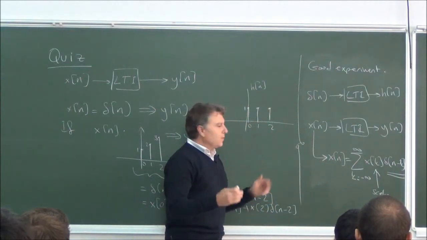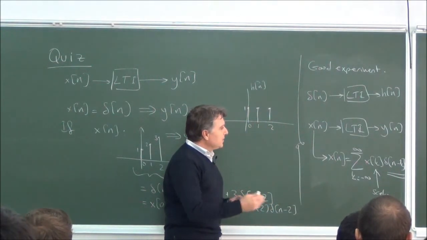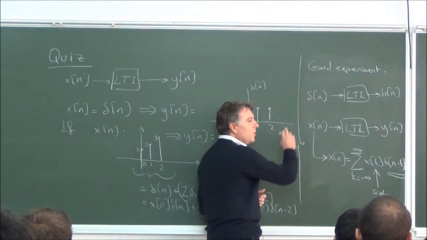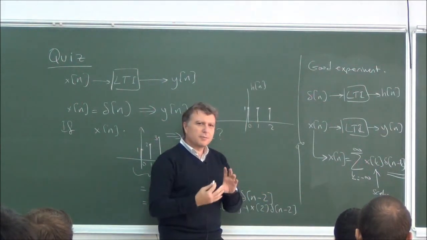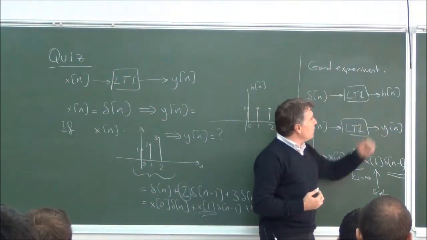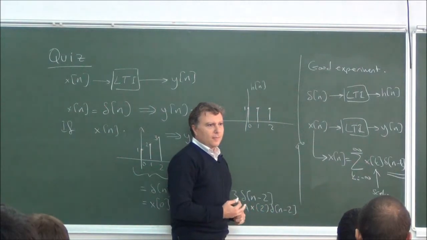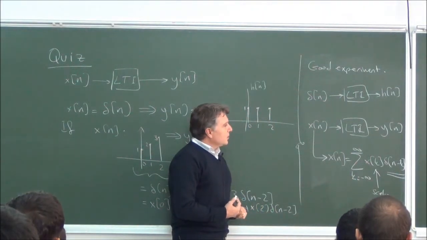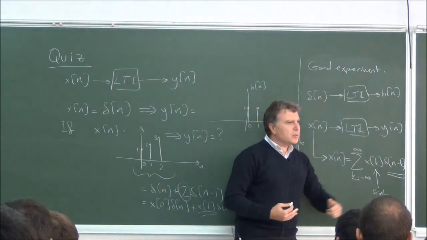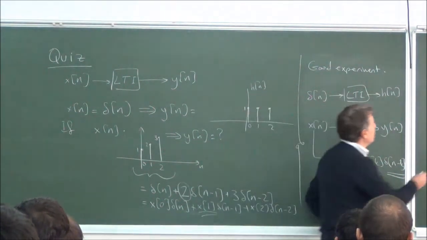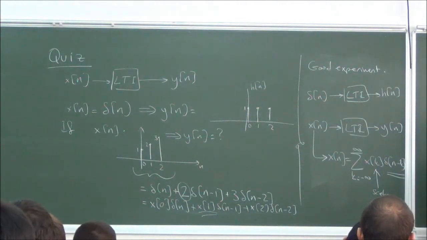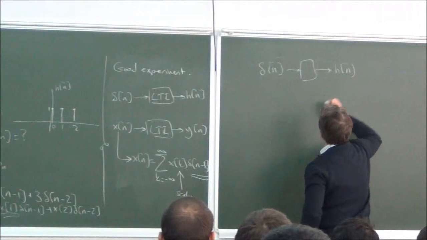Linear combination of shifted and scaled impulses. And we know that for one impulse in the center, the output is h of n. So if you shift the impulse, the response will also be shifted. To delta n, the system output is h of n.